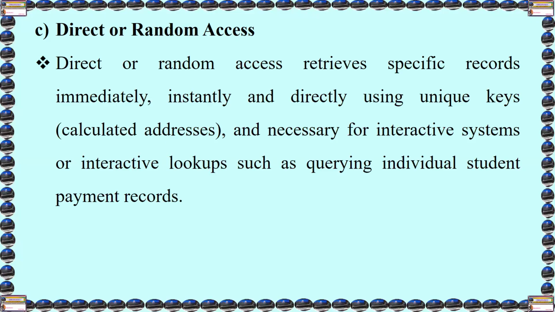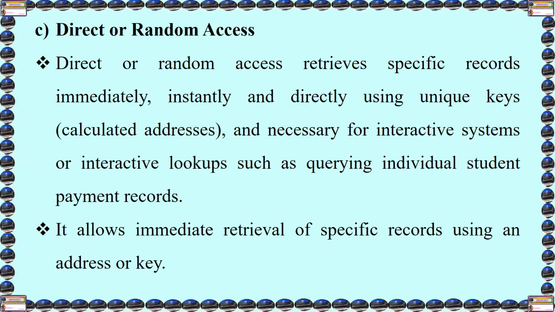In direct or random access, we have retrieval of a specific record immediately, instantly, and directly using unique keys, or what we call calculated addresses. It is necessary for interactive systems or interactive lookups, such as querying individual student payment records.